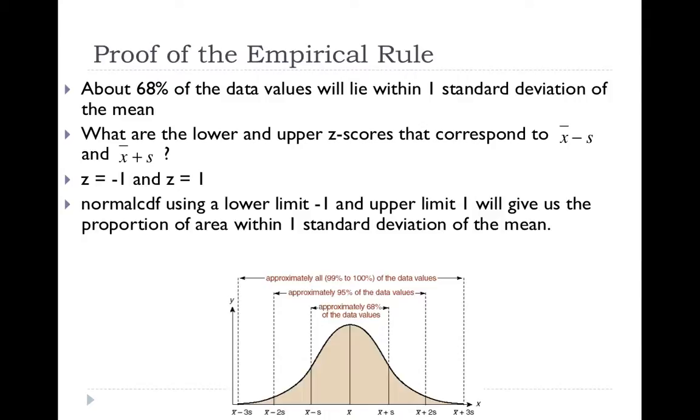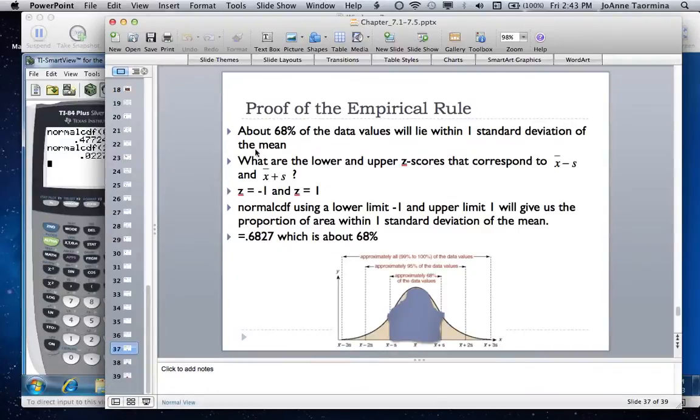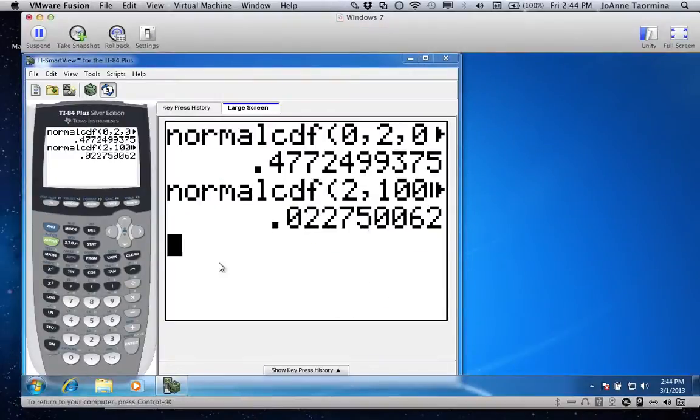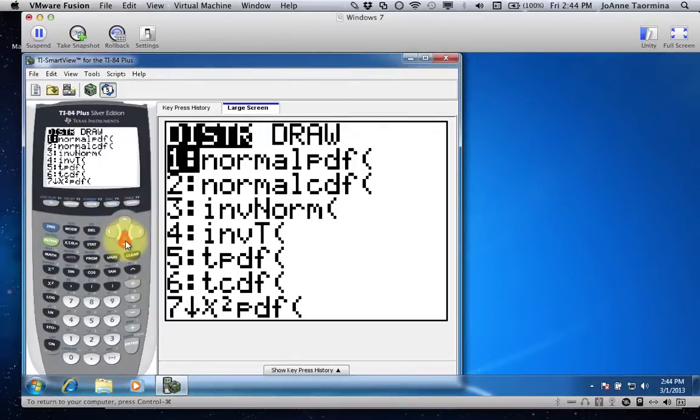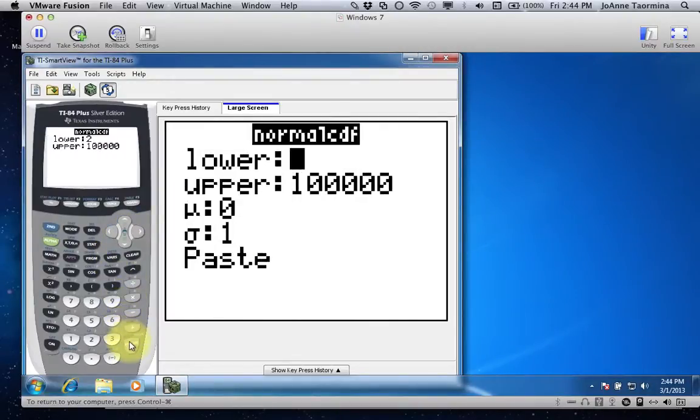When we go to use normal CDF with a lower limit of -1 and an upper limit of 1, we'll show that the proportion of area is approximately 68%. So let's go to the calculator. Second, DISTR, normal CDF.